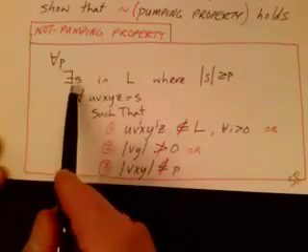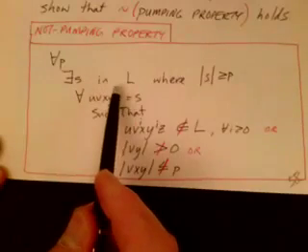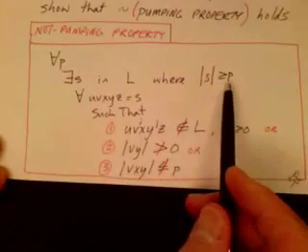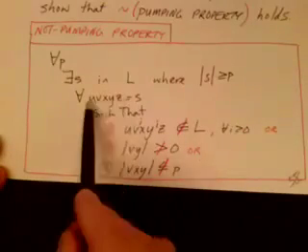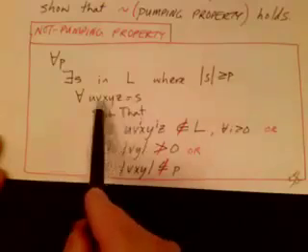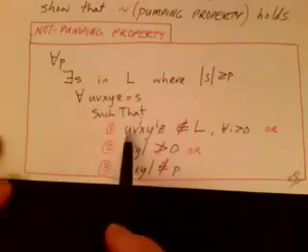For all P, there exists a string in the language that's longer than P, such that for all ways to break that string into 5 pieces, it's true that none of those ways can be pumped.